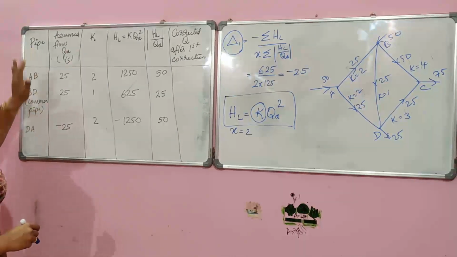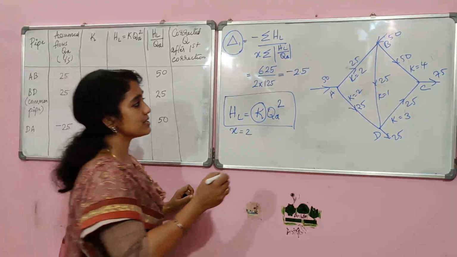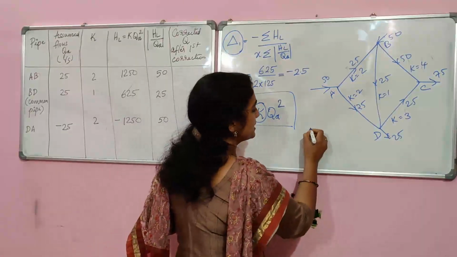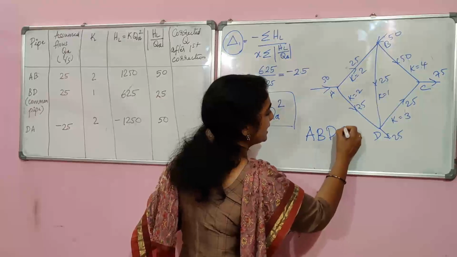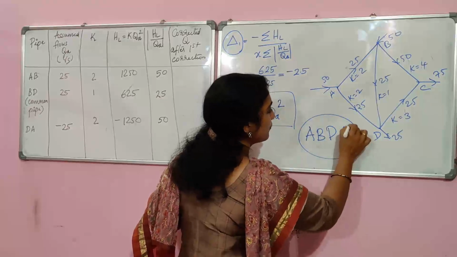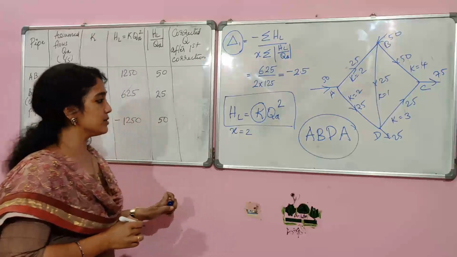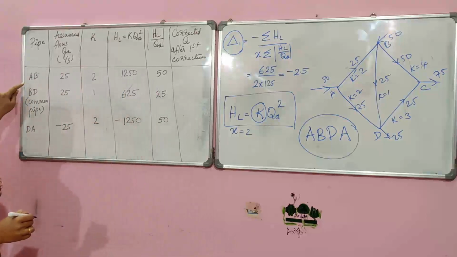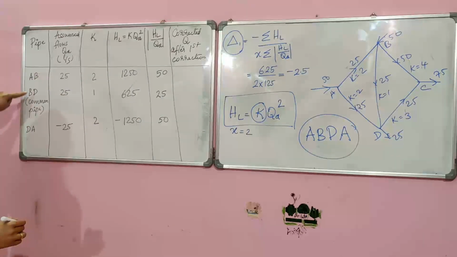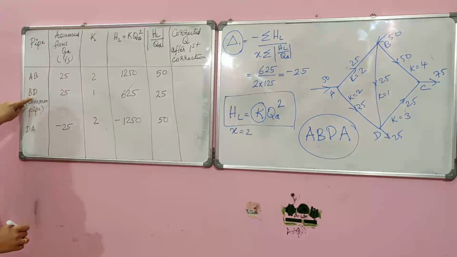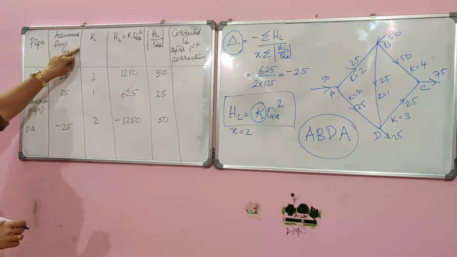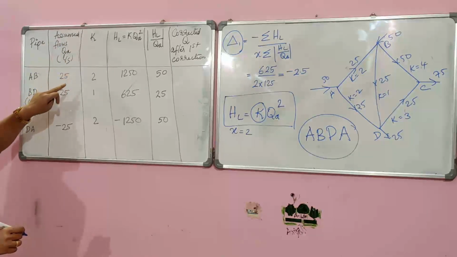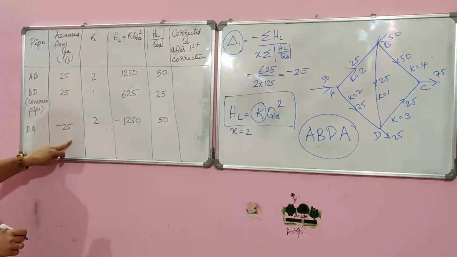First we have to consider the first loop. The first loop is A, B, D, A. So the pipelines are first AB, then BD, then DA. These three pipelines are in the first loop. The assumed flow through the first loop pipes is given in the column.